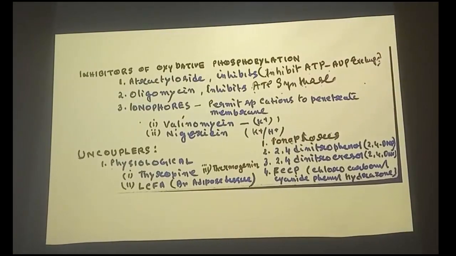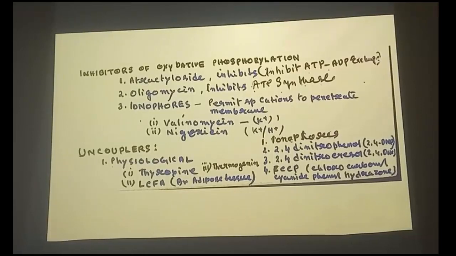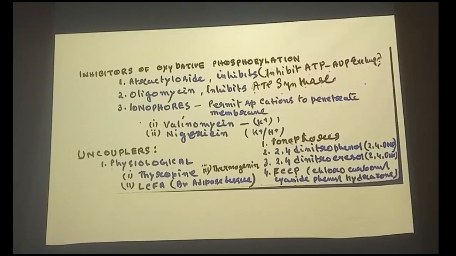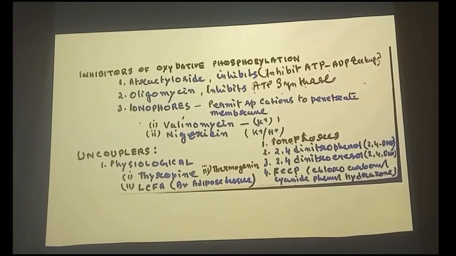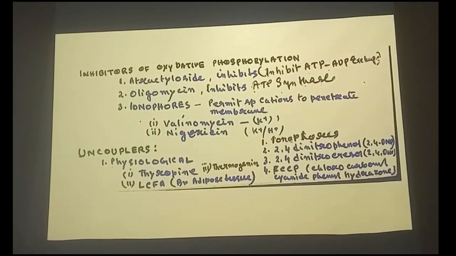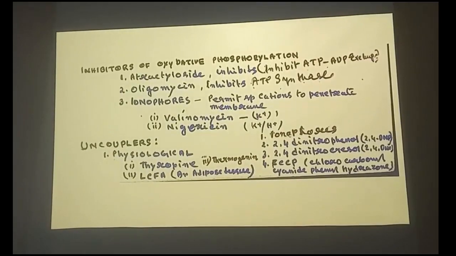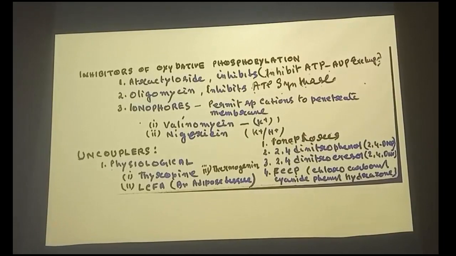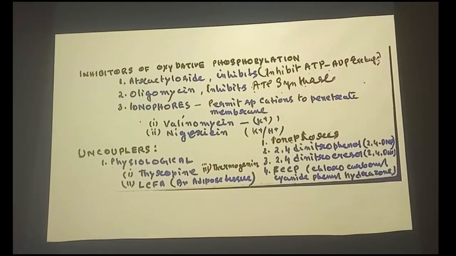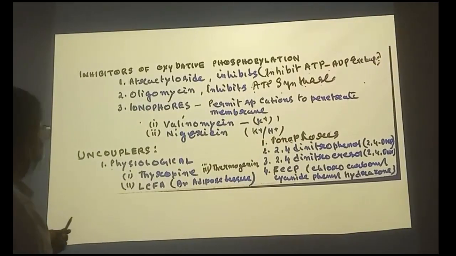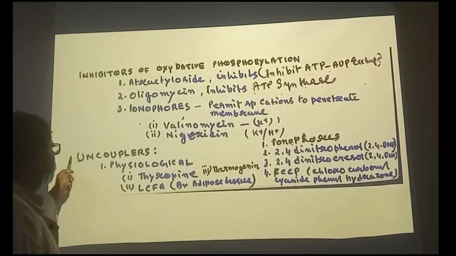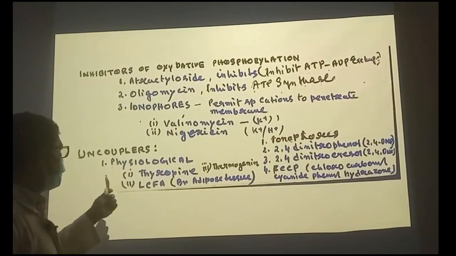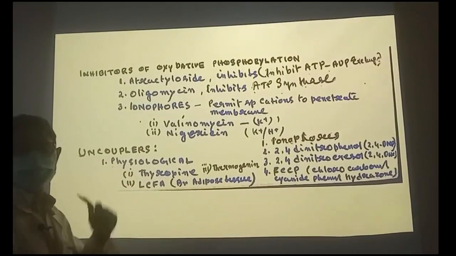First, there is a group of inhibitors of the electron transport chain which blocks the transfer of electrons, and next there are some inhibitors of oxidative phosphorylation. That means they prevent the formation of ATP. The oxidation is carried out, but the formation of ATP is prevented. In this group there is another very important group of reagents or chemicals known as uncouplers.